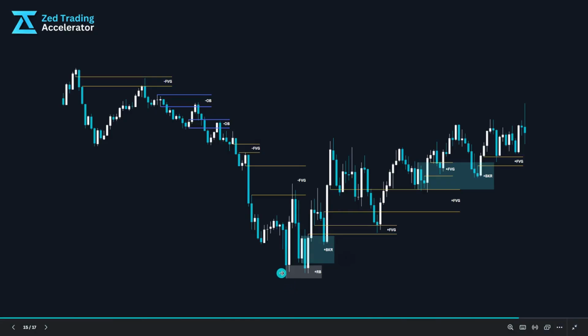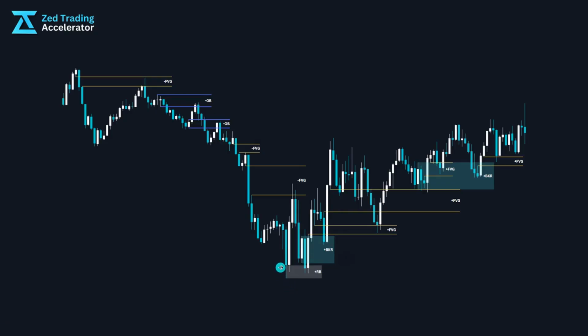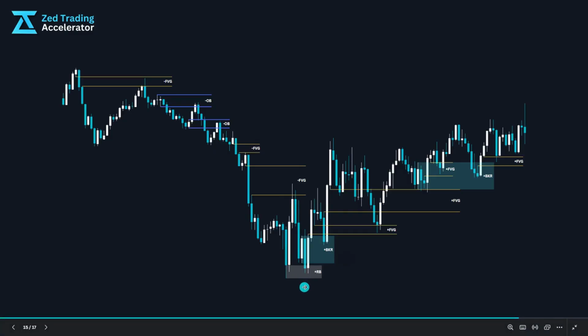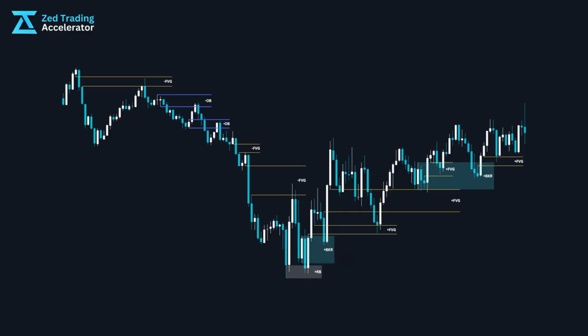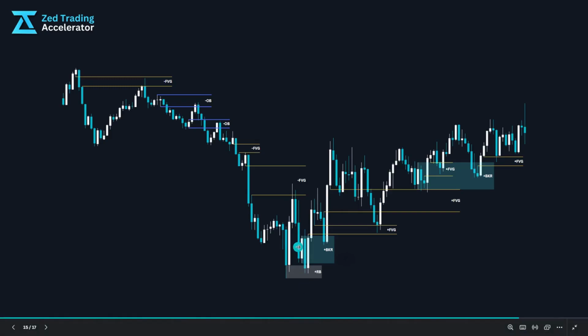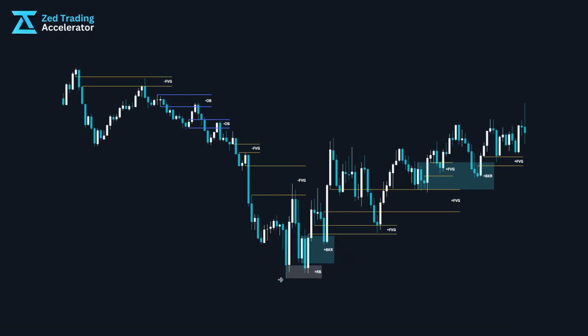And as we can see right here, we have our rejection block. Price only respected this rejection block, which means it's no longer going lower. Yes, exactly. If it wanted to continue going lower, it should have disrespected this swing low right here.